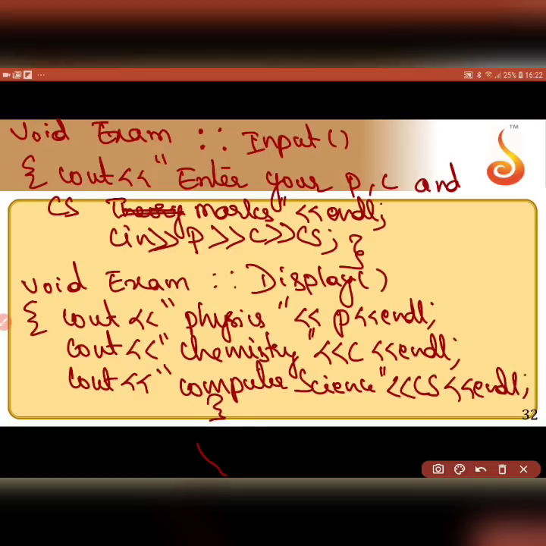So, in the display function I am just writing physics, chemistry and computer science one below the other, and I am printing the marks. So, this is your input function, this is your display function. Enter your P, C and CS marks, and then you are taking in P, C and CS, and then you are printing it here one below the other.